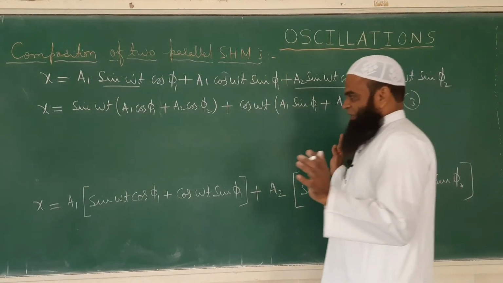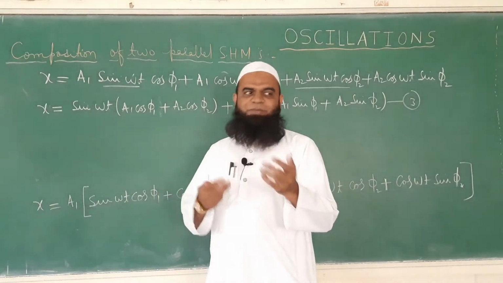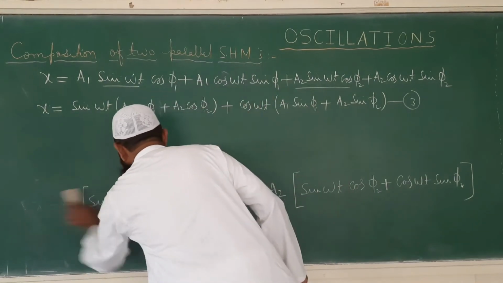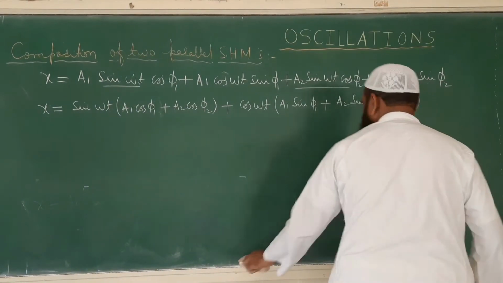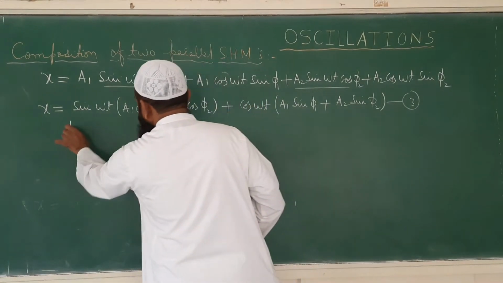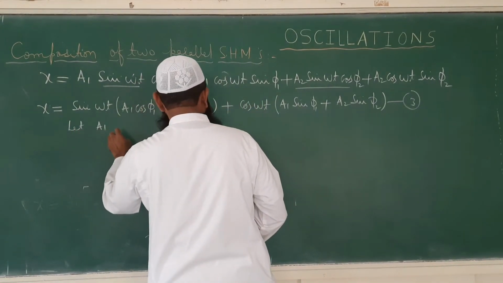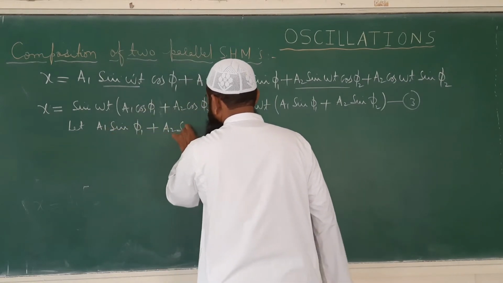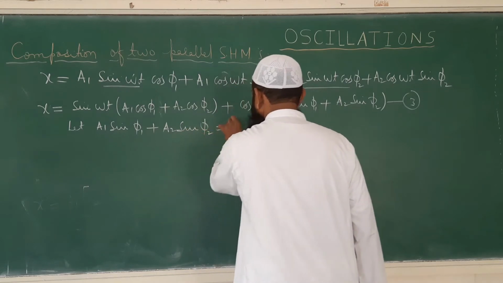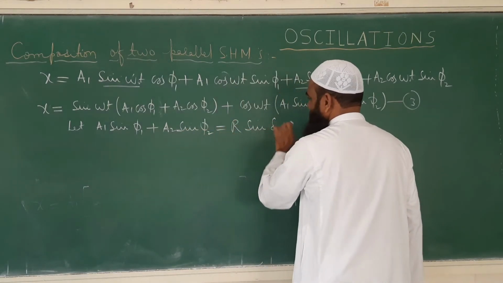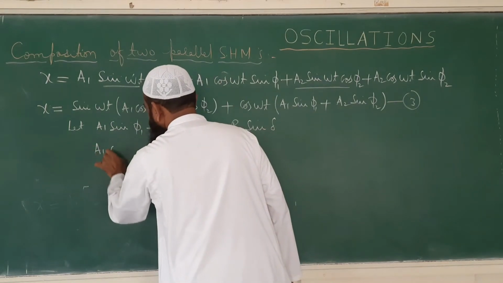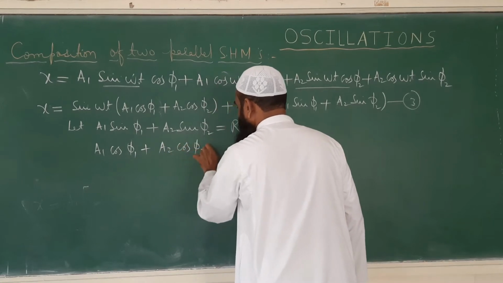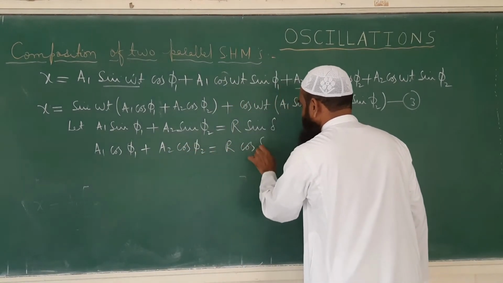Now, in order to simplify it, what will we do? We will use two constants. So, let A1 sin phi 1 plus A2 sin phi 2 be equal to R sin delta. Similarly, A1 cos phi 1 plus A2 cos phi 2 is equal to R cos delta.